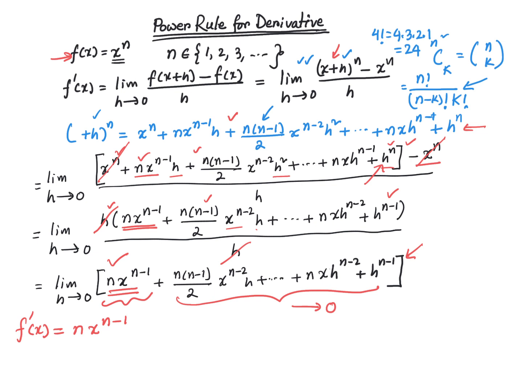We just derived that the derivative of x^n is n x^(n-1). So this is a formula.